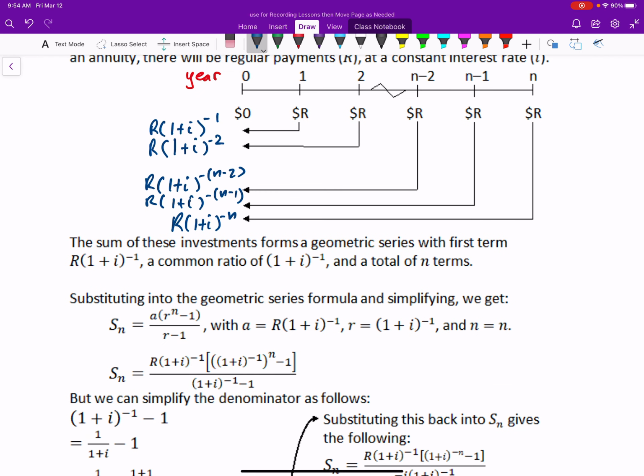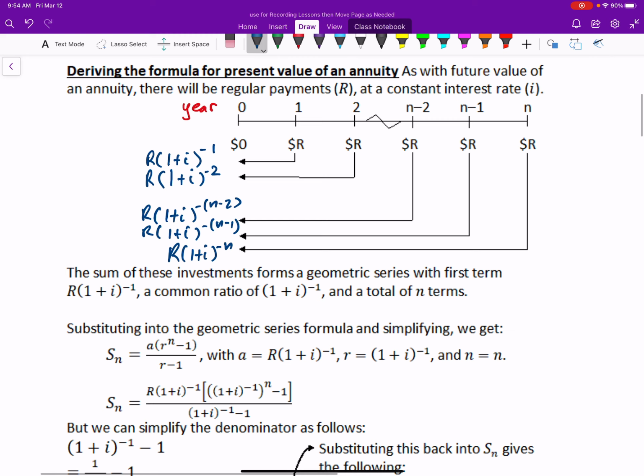Each of these payments is a little bit less, I guess. I should point this out first. The biggest amount I would have to put in would be this one, because it's got the least amount of time to grow to be R dollars here. The least amount of money I would need to put in would be this one, because it would have the most amount of time to grow to be R dollars there.